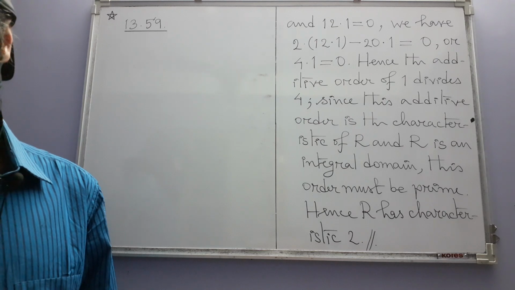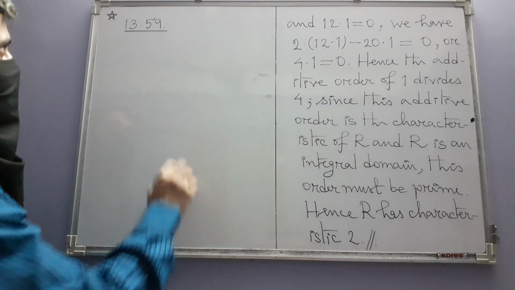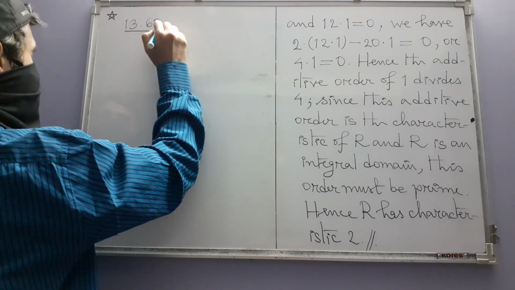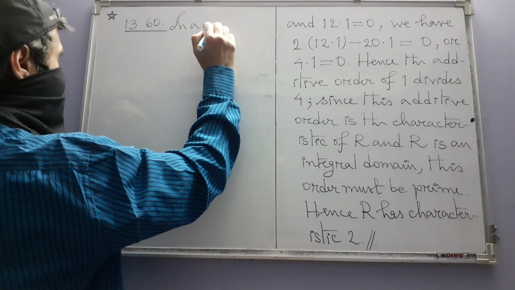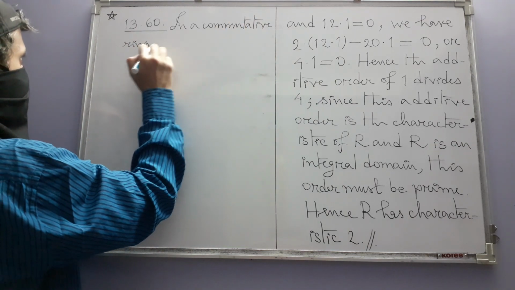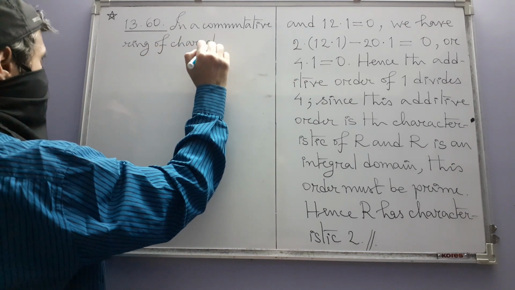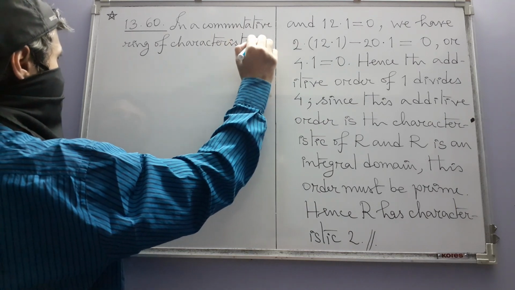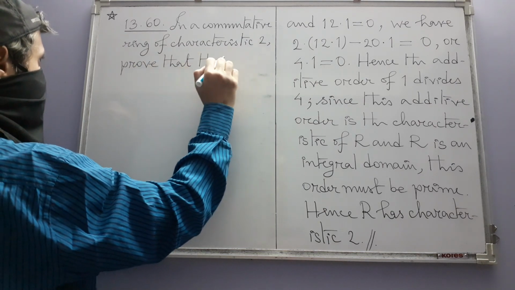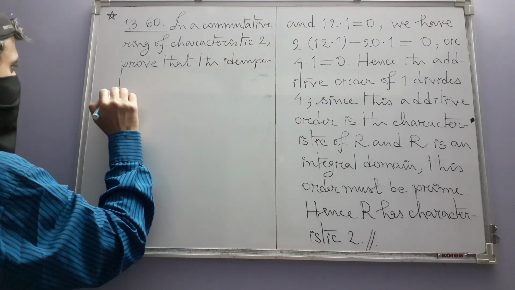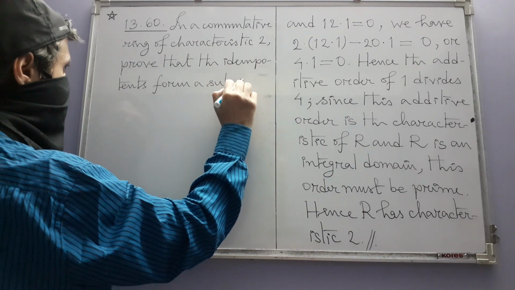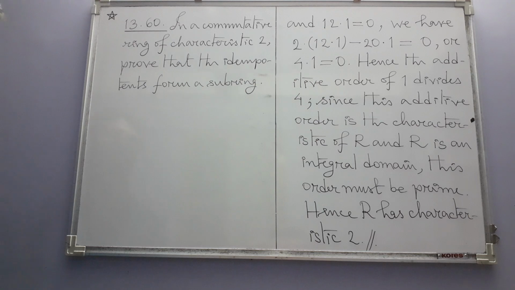In a commutative ring of characteristic 2, prove that the idempotents form a subring. Okay, so let's see how.